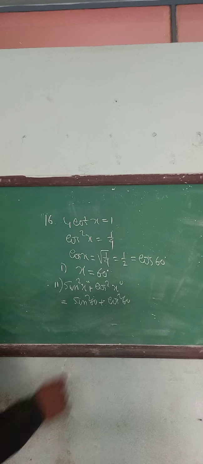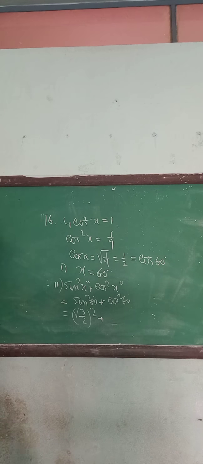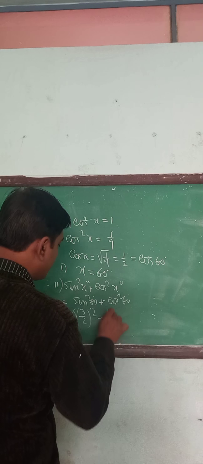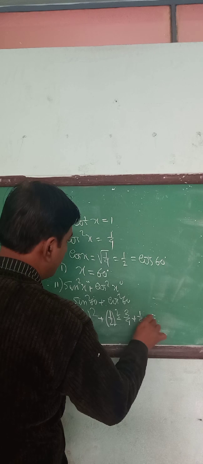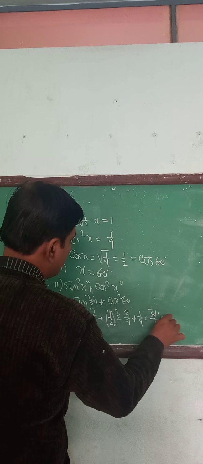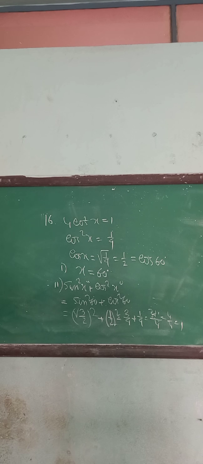The sin 60 degree value is root 3 by 2, squared. And the cos 60 value is half, that is 1 by 2. So 3 by 4 plus 1 by 4, that is 4 by 4, which is 1. So you get the sin square x plus cos square x value as 1. In this way you can prove this part.